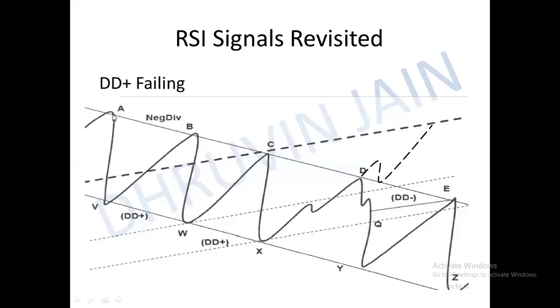Okay. Now let me show you RSI signals revisited. What is this signal revisited? It is nothing but DD plus failing. How does DD plus occur? DD plus occurs in a descending channel. RSI is making a descending channel, which means price is making a higher high, higher low structure.